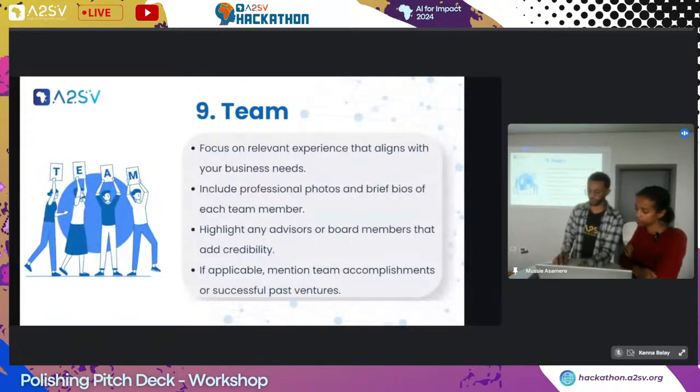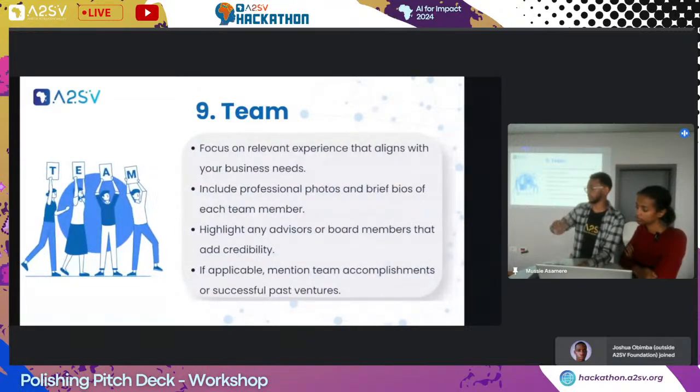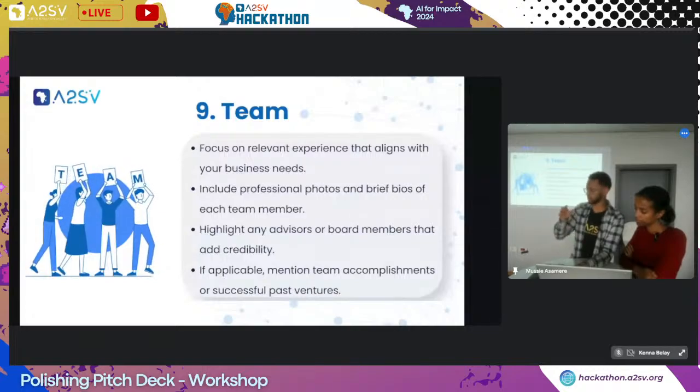That would also include mentioning any professional advisors and mentors that have good experience in the specific sector or industry that you are working on or your product focuses on.